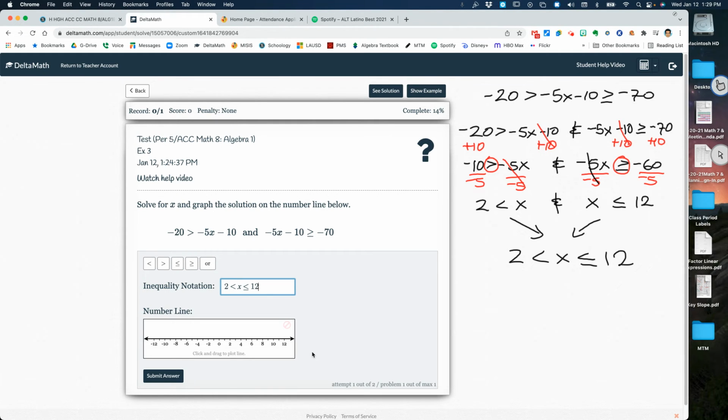So we want everything between 2 and 12, and an open point on 2. So it's everything between 2 and 12. Okay, any questions?